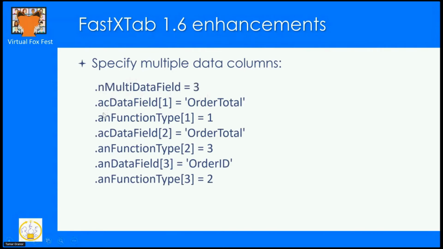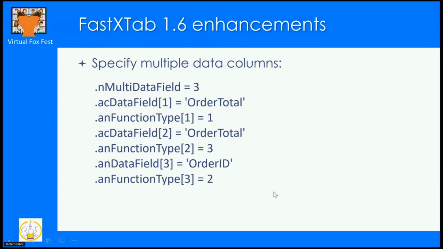And then I use the array property AC data field to specify what field from the original we're doing the aggregation on. And I use the array AN function type to say, and what operation am I doing on that data? So what this block of code says is give me 3 data fields. The first one is going to sum order total. Type 1 is sum. The second is going to average order total. And the third is going to count order ID.